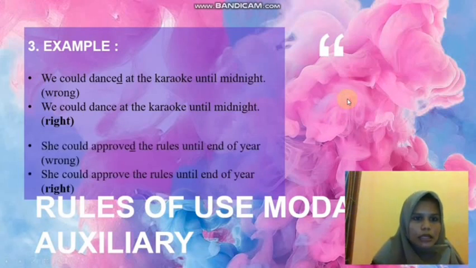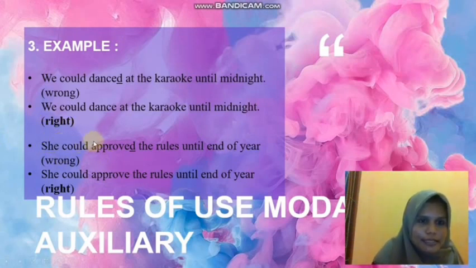Okay, next. As well as the example before, this example is "She could approved the rules until end of year" and "She could approve the rules until end of year." This is the wrong example because, just now I said that approved is a past form, you can see by adding d.